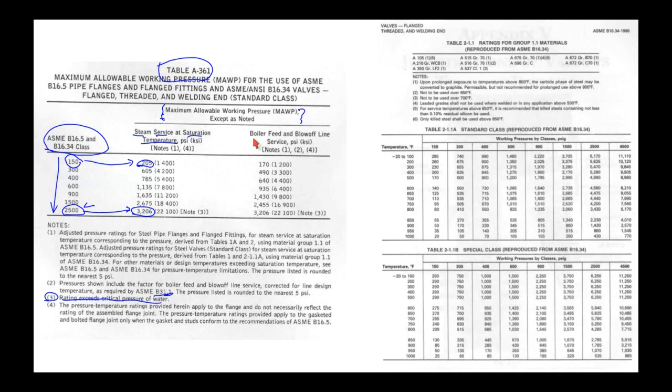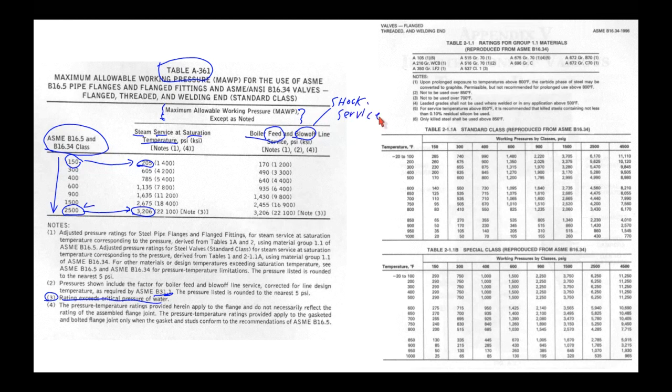But notice that if we are using it in boiler feed water service or in blow-off service, recall that we have this thing that we call shock service. Feed water and blow-off is shock service.